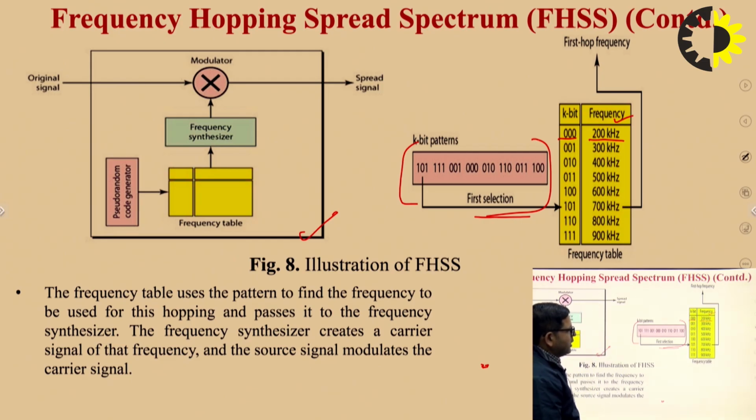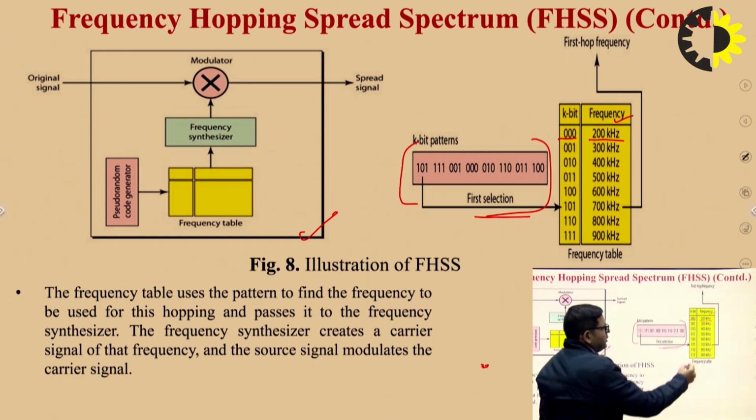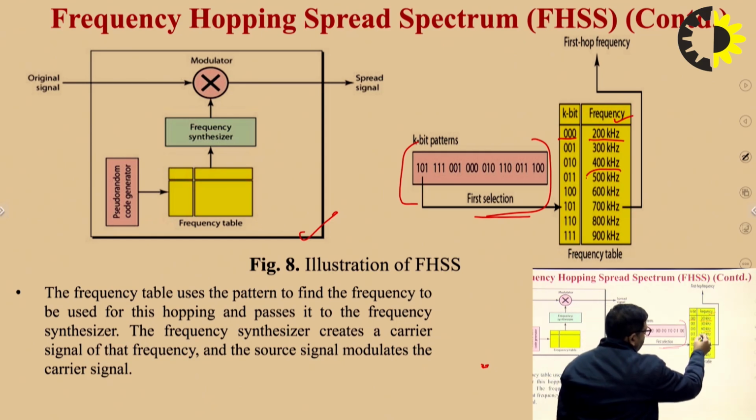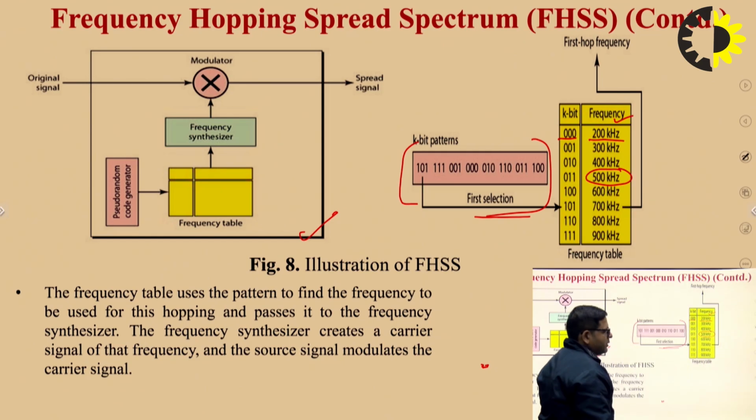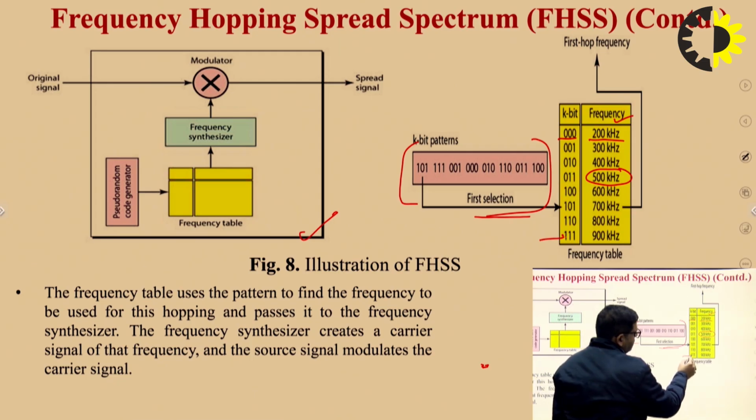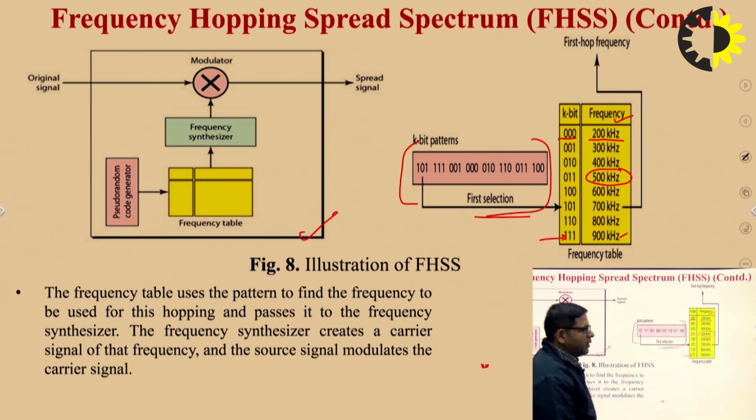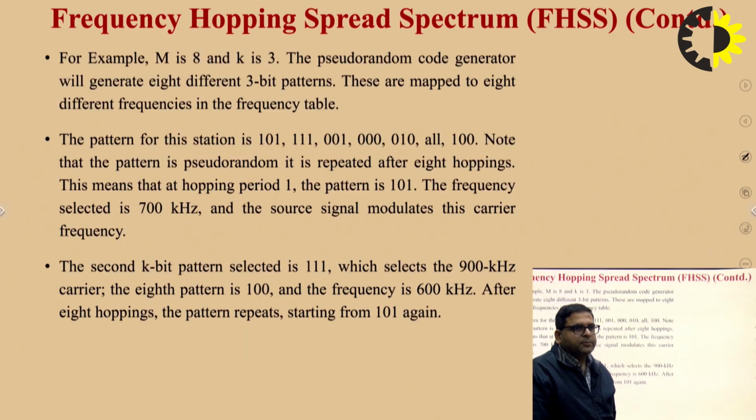When we have 011, the output of the frequency synthesizer will be 500 kilohertz. Similarly, if we have the input 111, the frequency synthesizer will generate a frequency of 900 kilohertz. So, in this way, by changing the PN sequence, we can change the output of the frequency synthesizer.